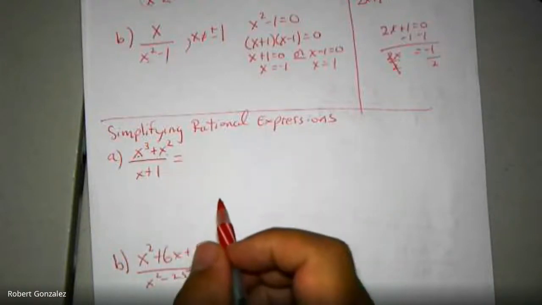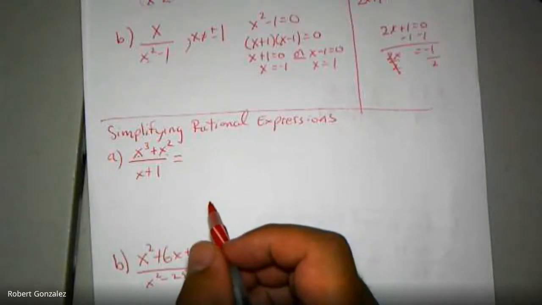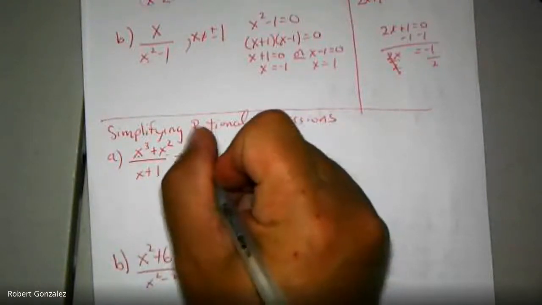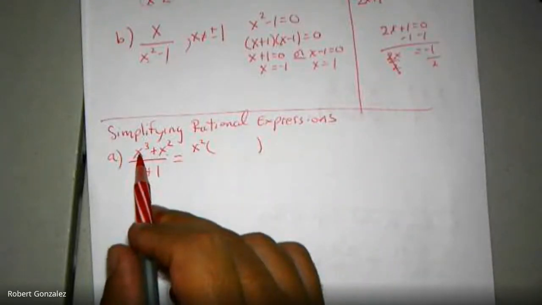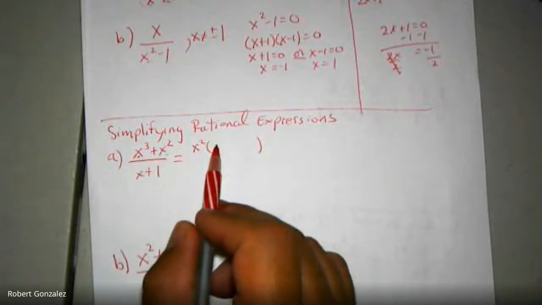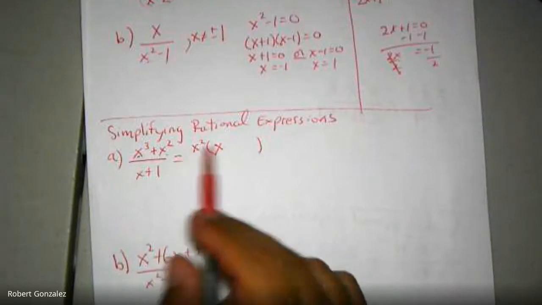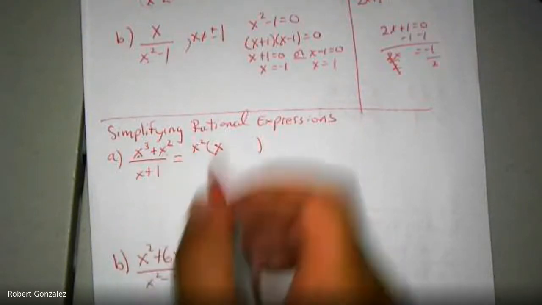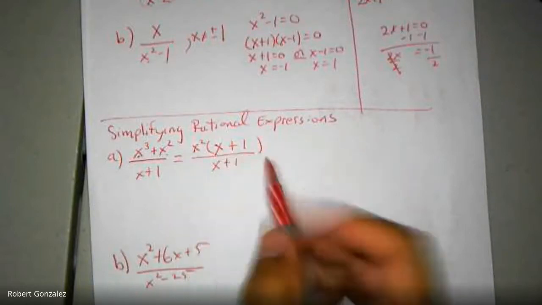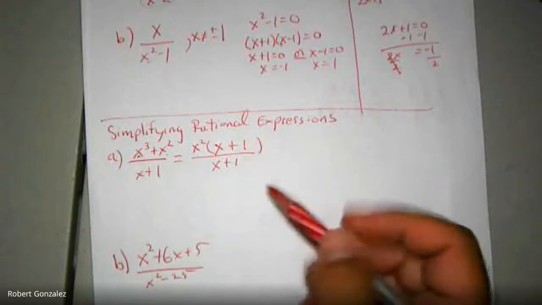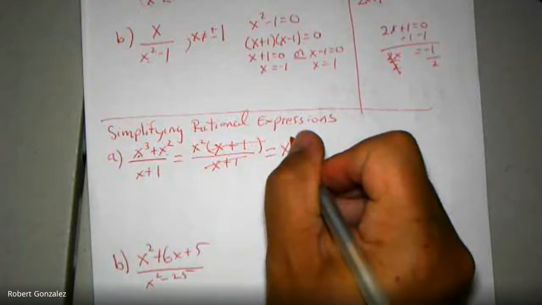I'm going to factor out the lowest power, and that's going to be x squared. When I divide this by x squared, I say x squared times what equals x cubed? The answer is x. X squared times what equals x squared? The answer is 1. I can see now that I have an x plus 1 on top and an x plus 1 on the bottom. Cancel them out. And I have simplified this to x squared.